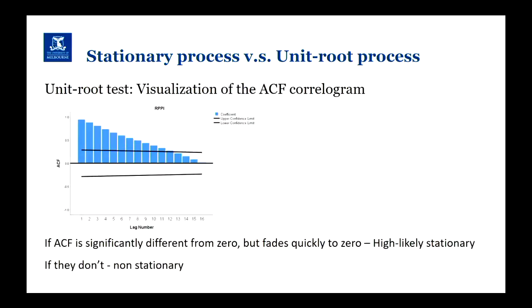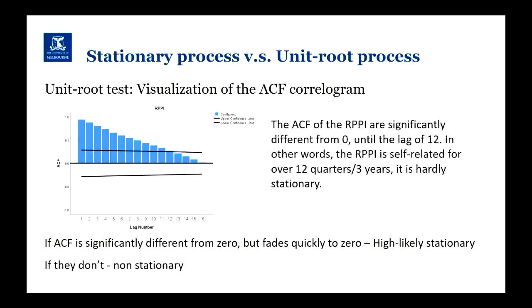So how can we test or detect whether the time series data has a unit root, or whether the time series data follows a unit root process? One way is a simple visualization of the ACF correlogram. We can produce the ACF and see whether the value decays to 0 immediately. For example, in this case, we can see the values are not significantly different from 0 until the lag of 12.